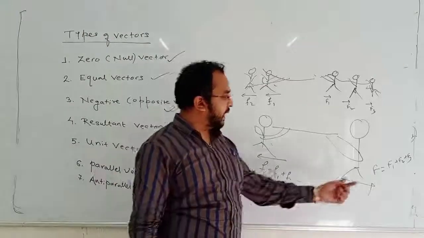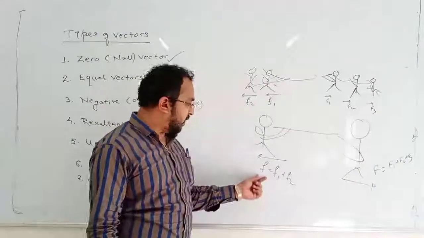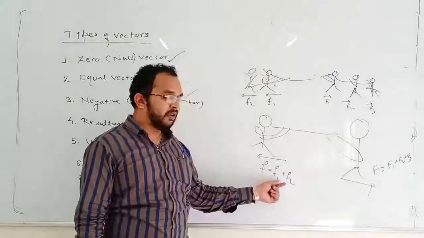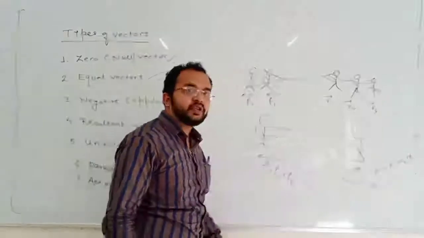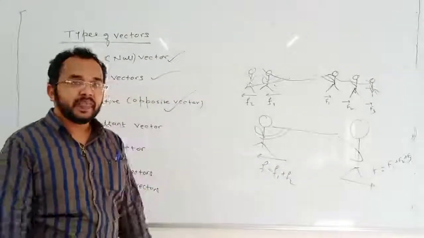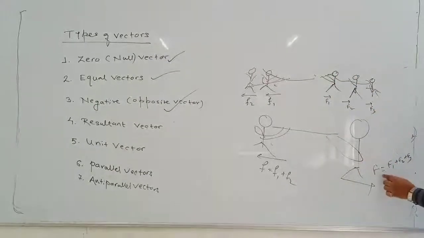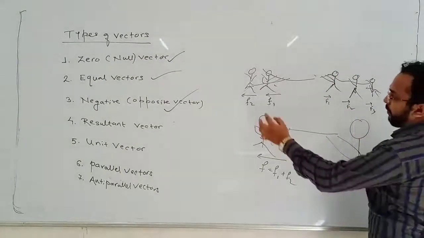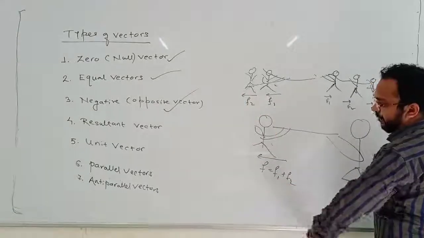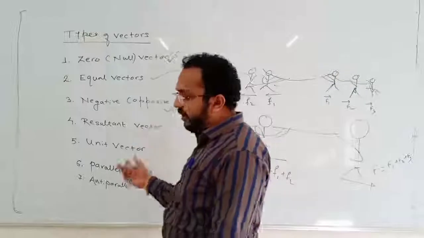Now this capital F, which is the sum of all three, and this small f, which is f1 plus f2, are called resultants. The result of these three is F, meaning f1 plus f2 plus f3. The result of these two is nothing but f1 plus f2. This is the resultant.